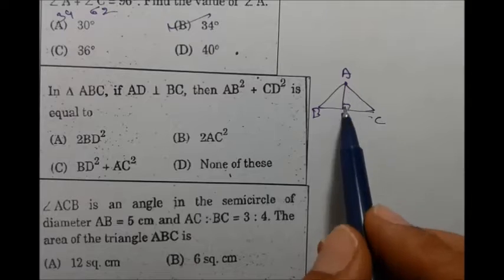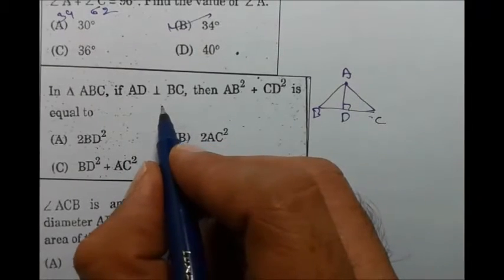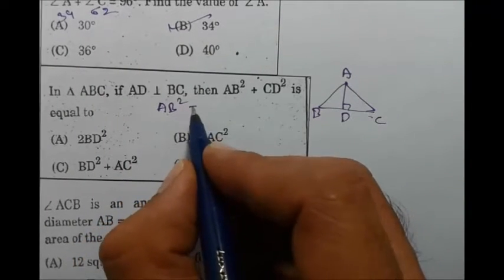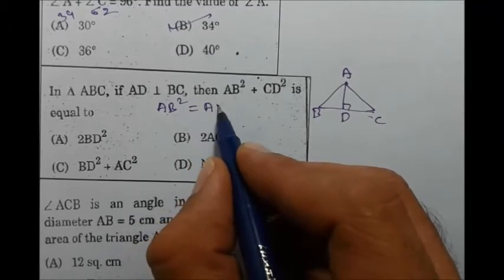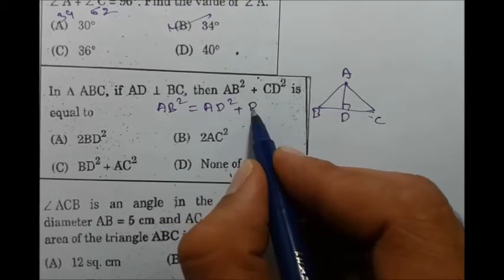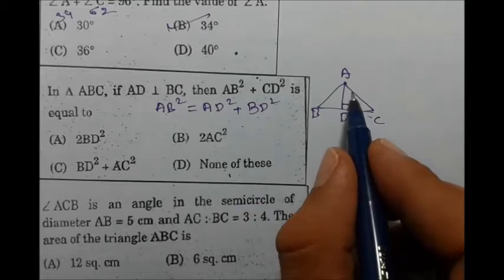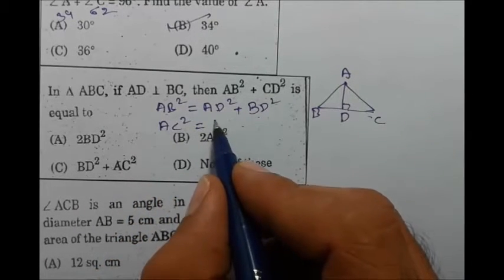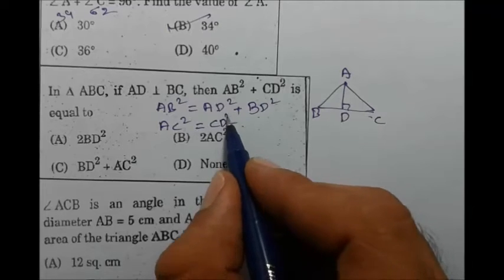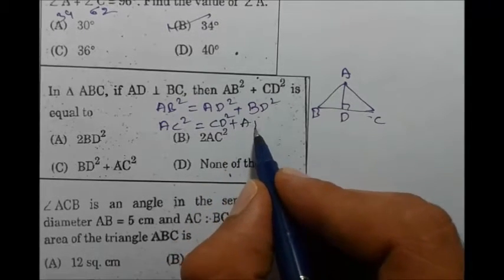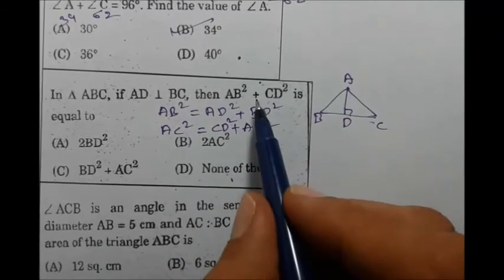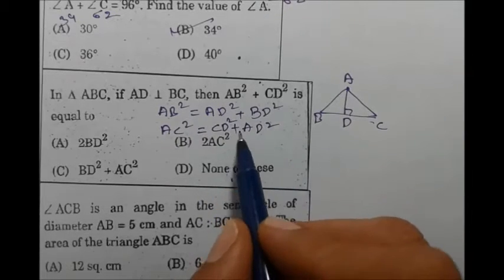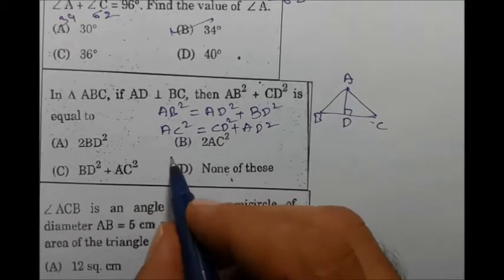Following the Pythagoras theorem, I can write AB square is equal to AD square plus BD square, and here AC square is equal to CD square plus AD square. Now I want the sum of AB square and CD square, so I will sum this.